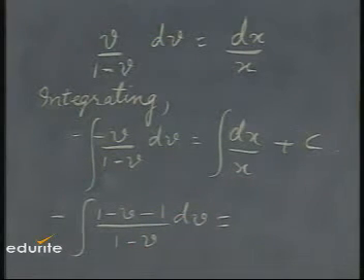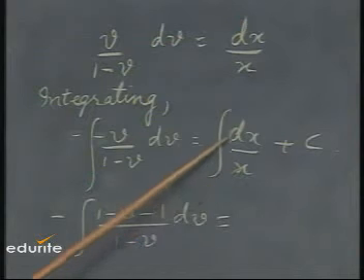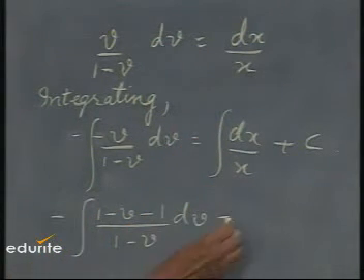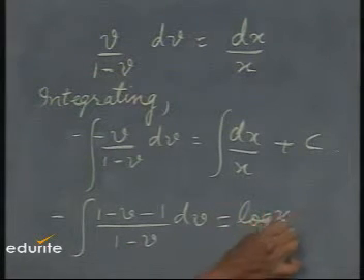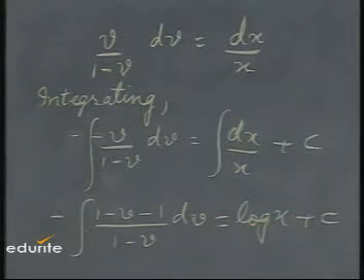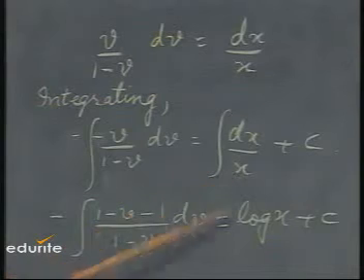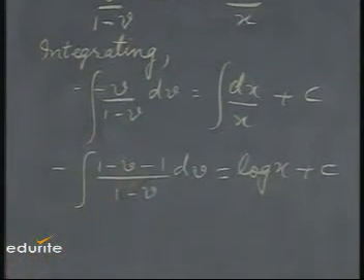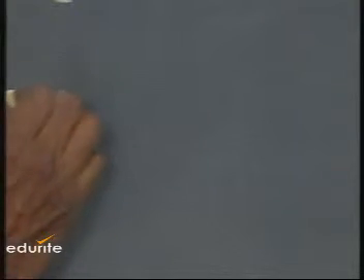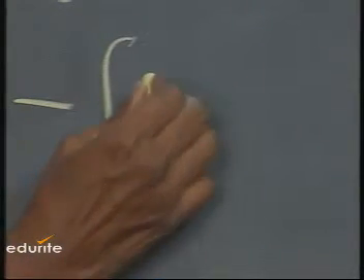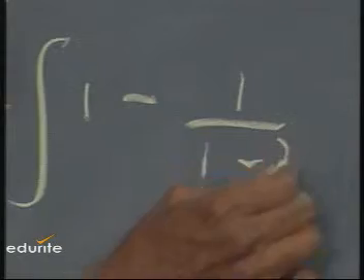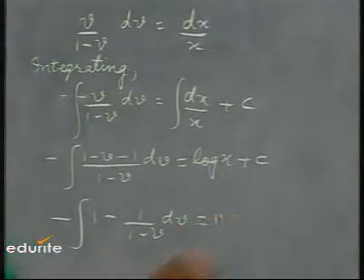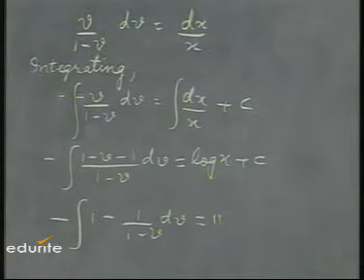In the right hand side, the differential of x is equal to 1, so we know that the integral is log x. Also we can learn it as a formula, integral of 1 by x is log x. Now here we separate it into two terms so that we get minus integral 1 minus 1 over 1 minus v dv is equal to, the right hand side remains the same.